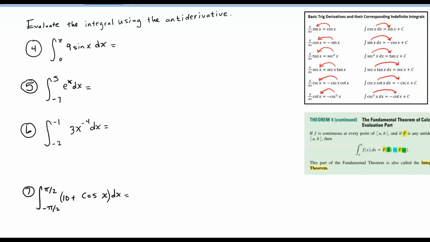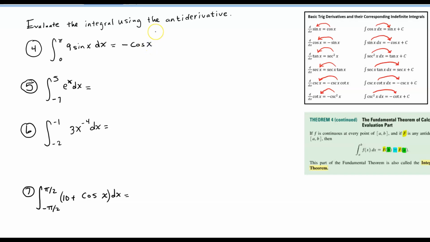First thing I'm going to do is take a look and see that I have 9, a constant multiple or scalar multiple, multiplying sine. And the integral of sine, from my chart over here to the right, is negative cosine. So I'm going to write out negative cosine of x.